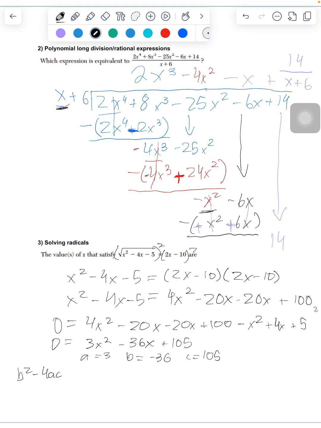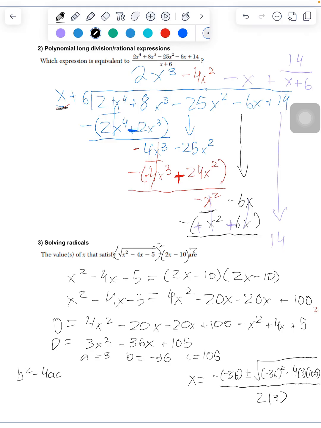The whole formula is x equals minus b, so minus negative 36, plus or minus the square root of negative 36 squared minus 4 times a, which is 3, times c, which is 105, over 2a, and a is 3.